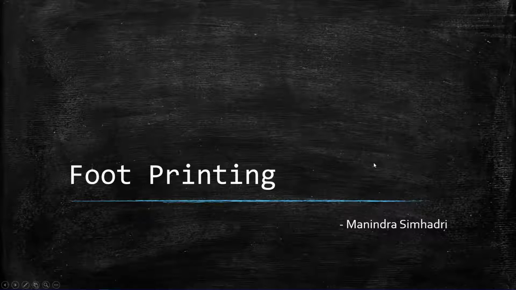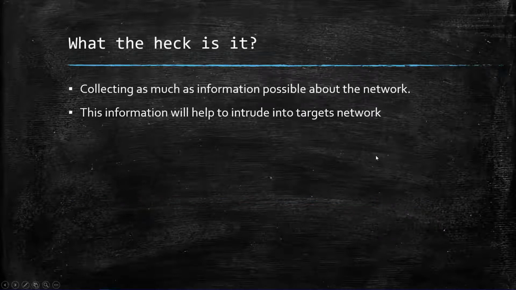So footprinting, what the heck is it actually? It is collecting as much information as possible about the target. It's not only about the network. It can be a network, a web application, a system, a device or a mobile, any kind of device which you want to penetrate, whatever your intentions are.